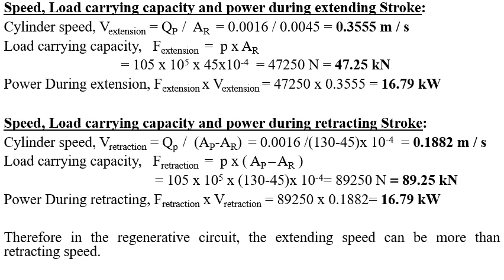So in this case, the extending speed is more than the retracting speed. So we can achieve the same power in both extending and retraction stroke by making the extending speed more than the retracting speed. We will move on to the next numerical.